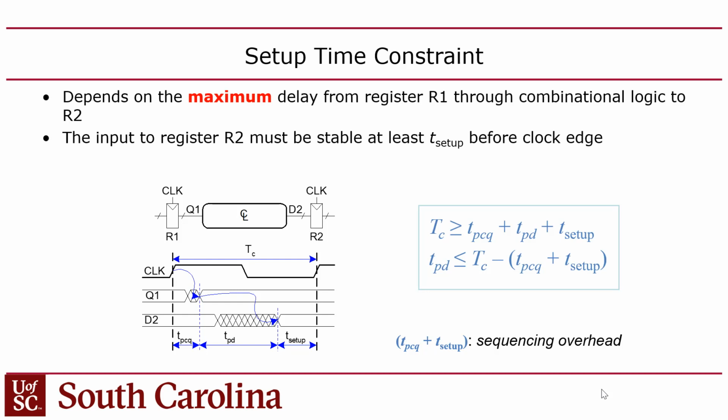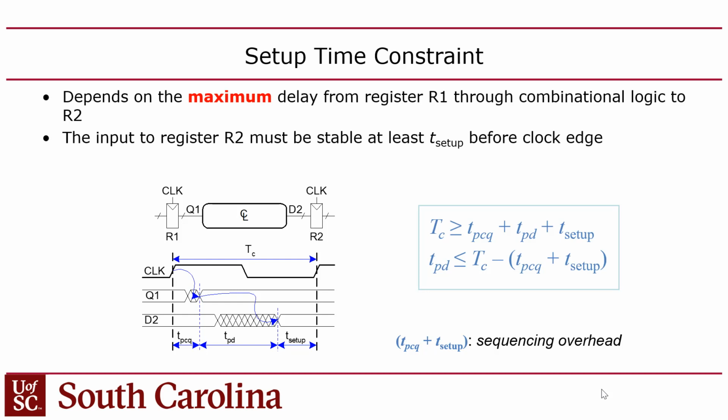Or as I stated earlier, you can also say TC minus the setup time, and additionally subtract the propagation delay of the flip-flop as well. That way, on the right-hand side of this inequality, you have basically three constants tied to the technology. The propagation delay of a flip-flop is tied to the technology. You can't change that as a designer, compiler, or synthesizer.